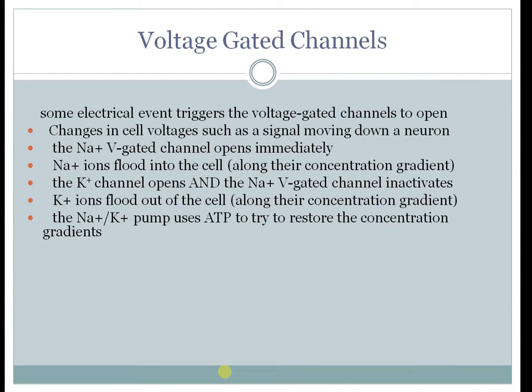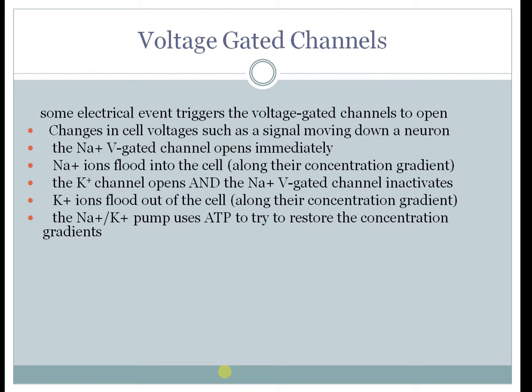What are voltage-gated channels? An electrical event triggers the voltage-gated channels to open, such as a signal moving down a neuron. The sodium voltage-gated channels open immediately and sodium ions flood into the cell along their concentration gradient.